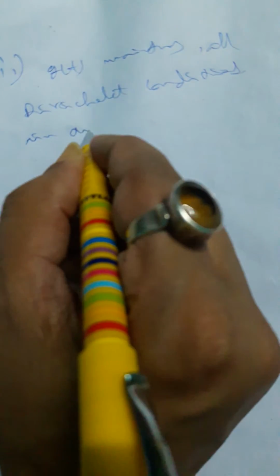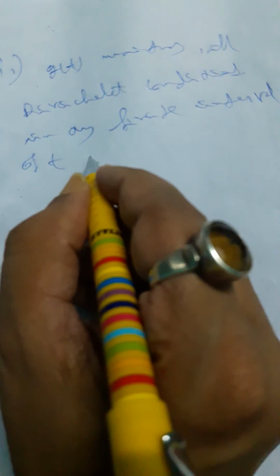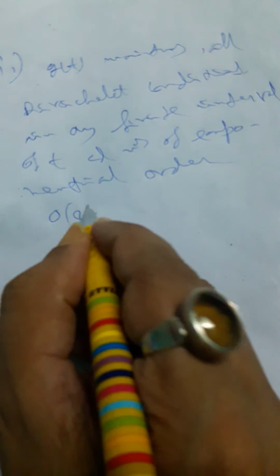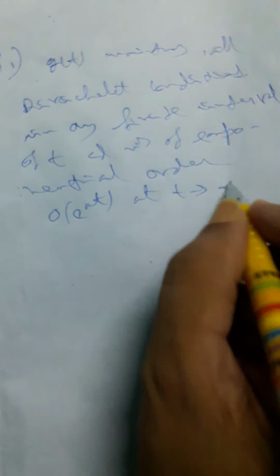Now suppose for part 2, g(t) is piecewise continuous, that means it maintains the Dirichlet conditions in any finite interval of t, and is of exponential order e to the power at as t tends to infinity.